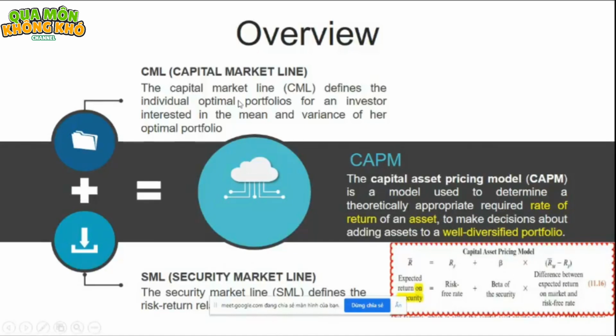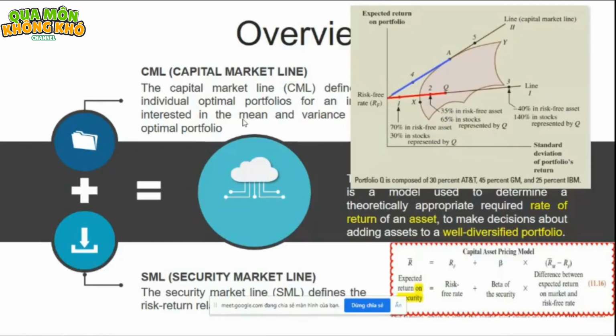First, I will talk about the capital market line. It defines the individual optimal portfolios for investors who are interested in the mean and the variance of their optimal portfolio. Here we can see the capital market line, but why isn't line 1 the capital market line, but line 2?